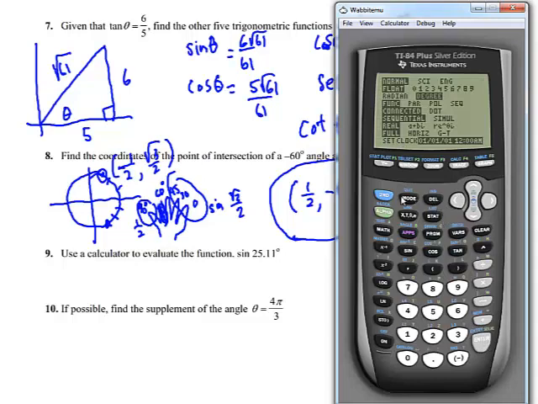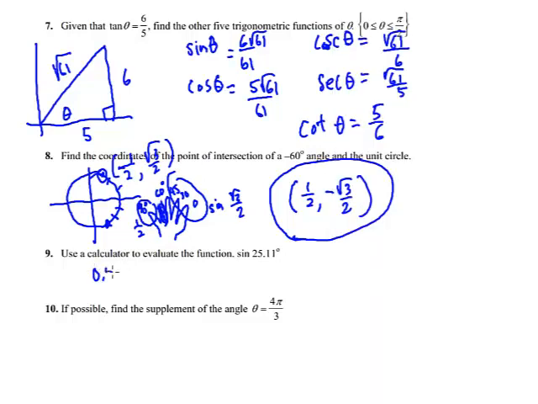And then let's quit this, and I want the sine of 25.1 degrees. So that will be 0.424, rounded, approximately. Okay.